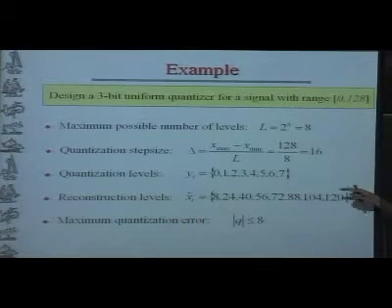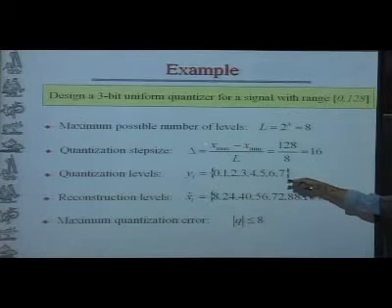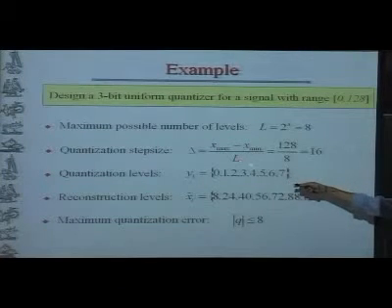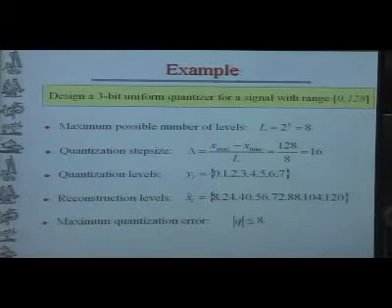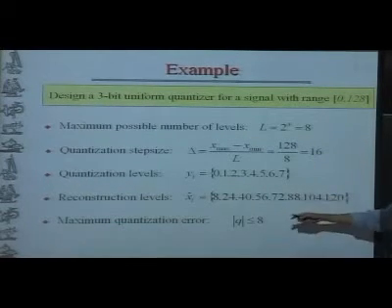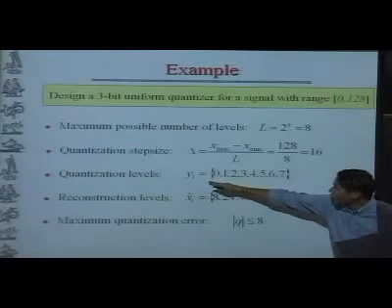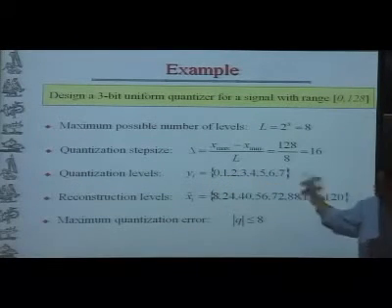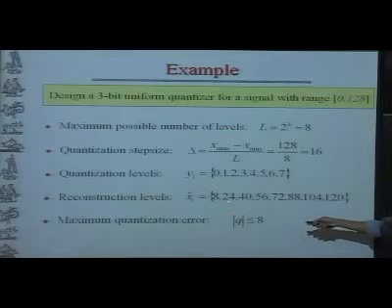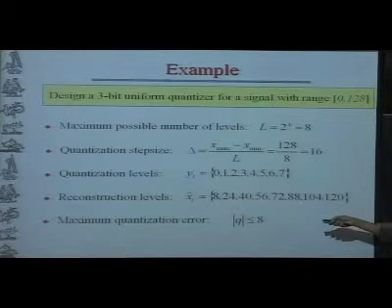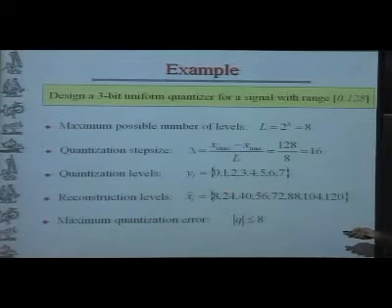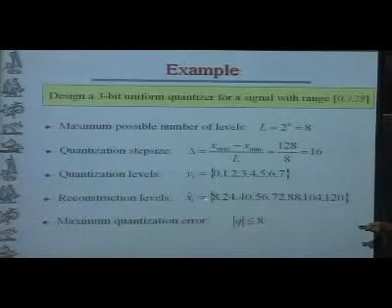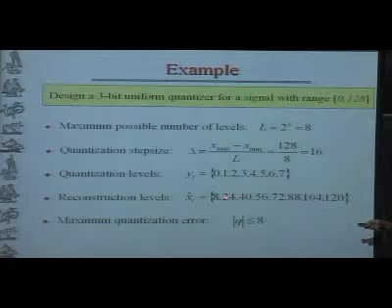So then delta will be x max minus x min divided by L, which turns out to be 16. Now I'm going to index my y levels as 0 to 7. How did I get these magical numbers? How did I get 8? Why 8?